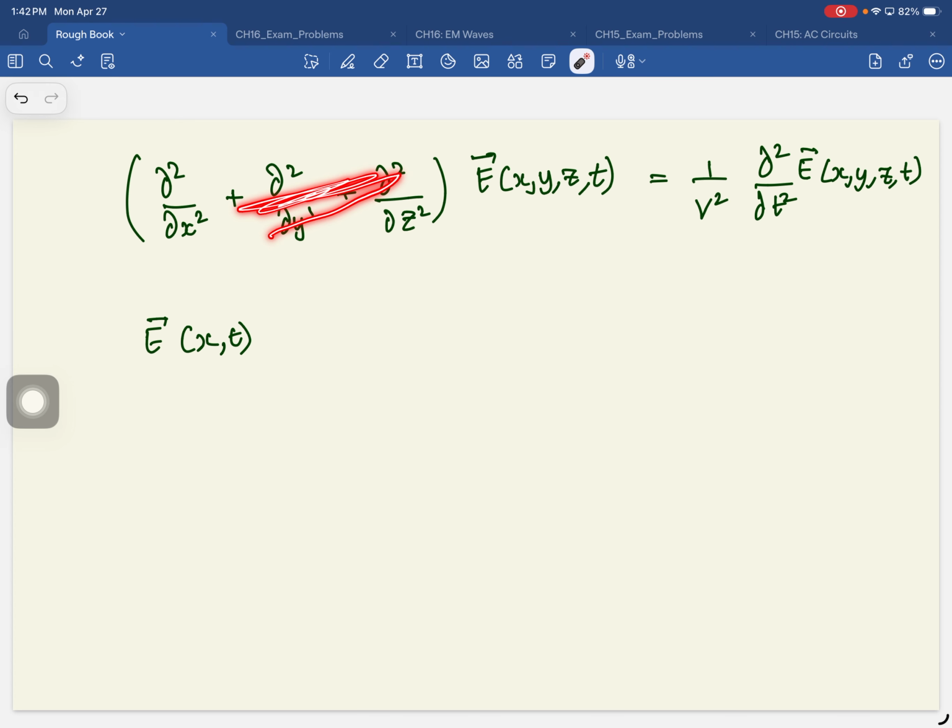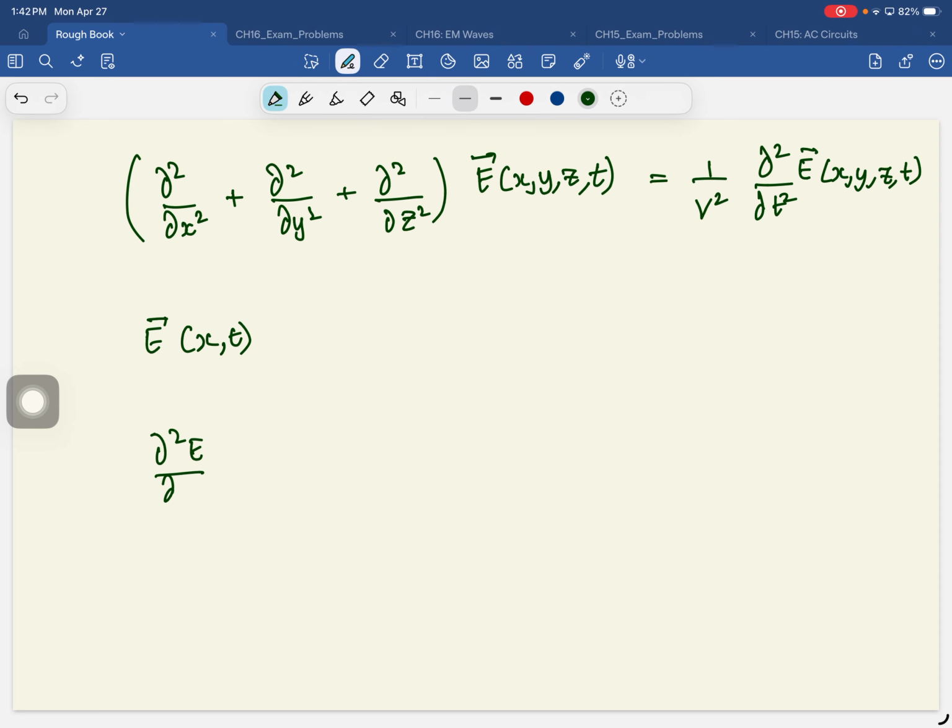So again, we did a lot of technical details, so let's go over it again. What is Maxwell doing?